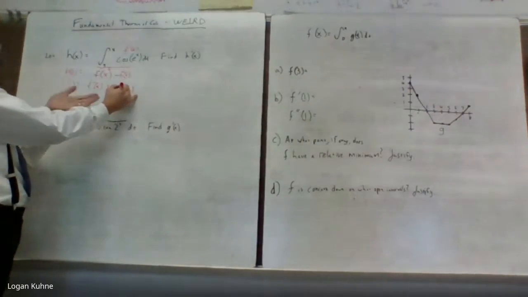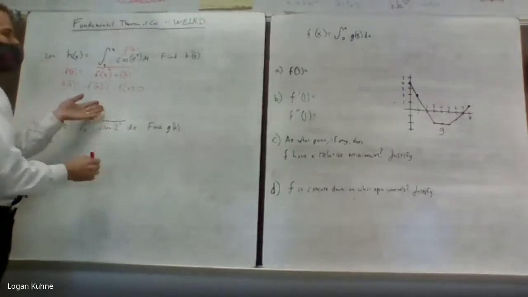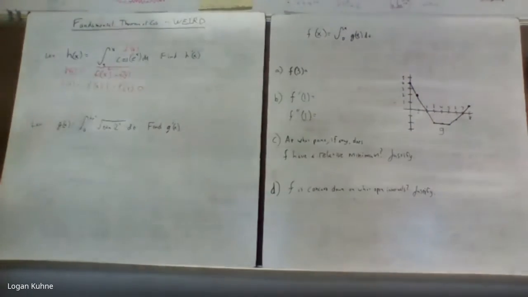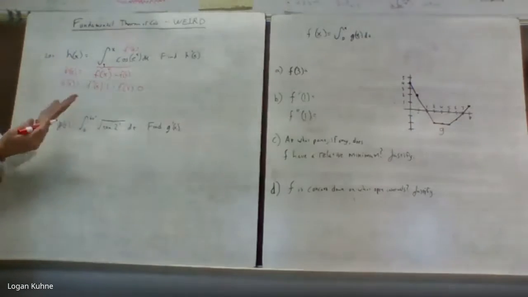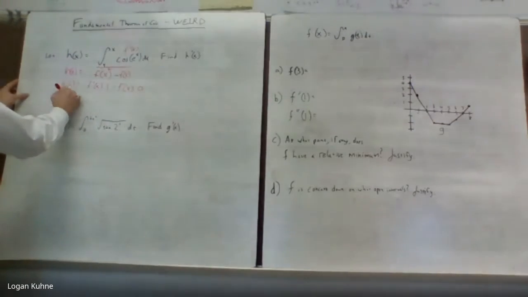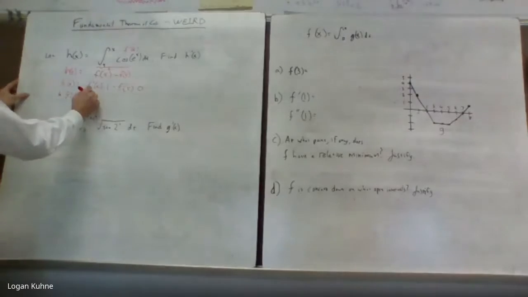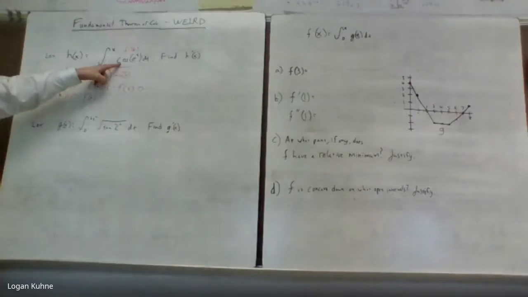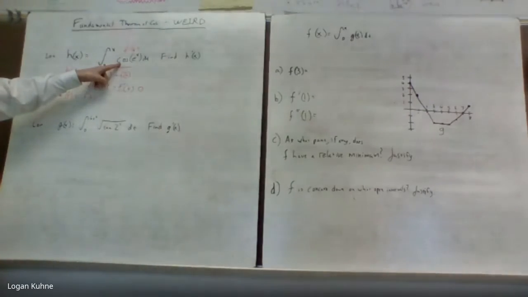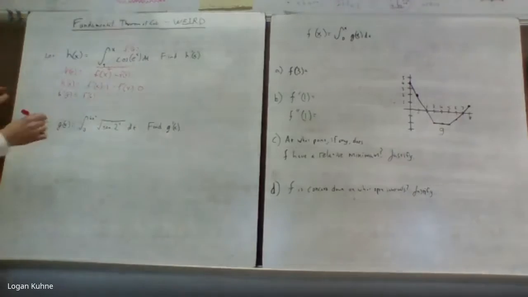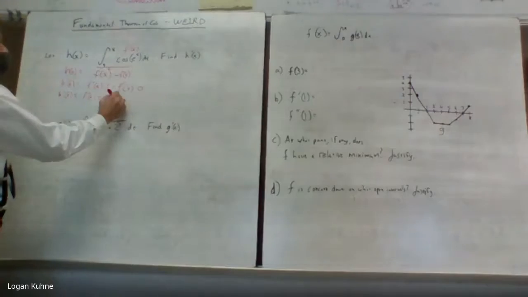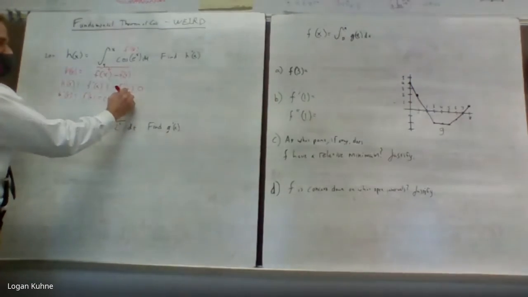Derivative of 4 is 0, right? Which makes sense. F of 4 would just be some constant. We don't know what it is. It's essentially the plus c, okay? And derivative of c is nothing. So h prime of x is equal to f prime of x. This was f prime of t, but now we're using x's. No problem. So what is this? H prime is equal to the cosine of e to the x.